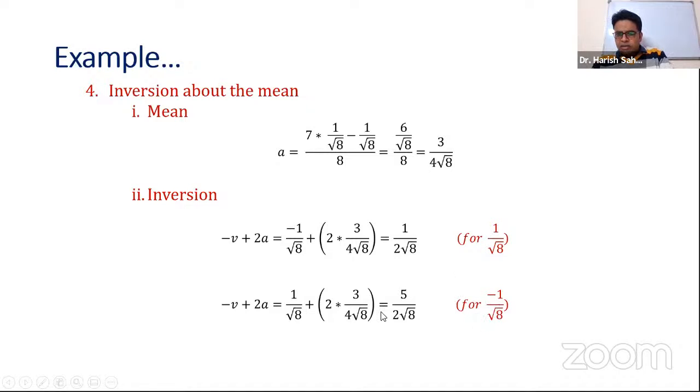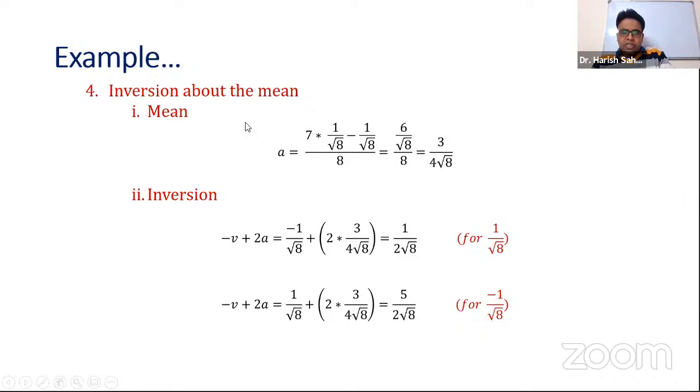In case of the desired state, the value of v is minus 1 by root 8. So if we put minus 1 by root 8, it will become positive, and this will be the amplitude we have after this inversion about mean operator. So these two things are what the operator does: first the mean is calculated, and then the amplitudes are inverted about this mean.